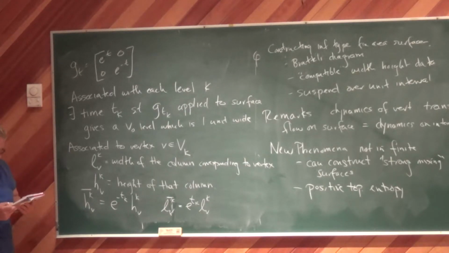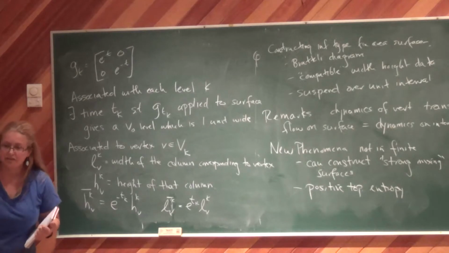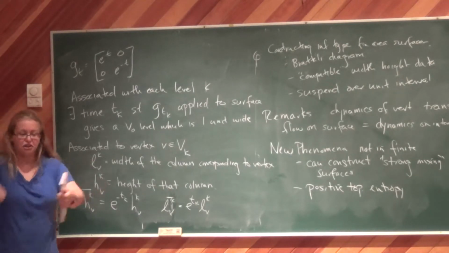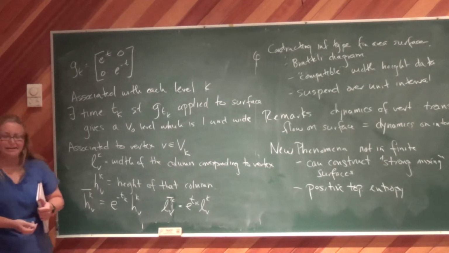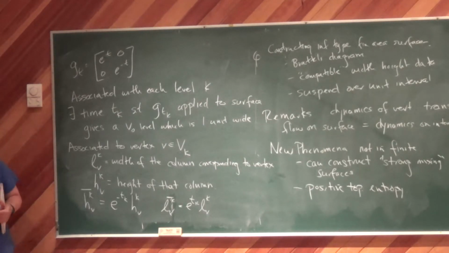Right. So as I mentioned, if your diagram is periodic, this g_t is an element of the Veech group of that surface. That is, it's a shear which gives you back your original surface. This was why Anya referred to the Trevino surface as the baker's construction.